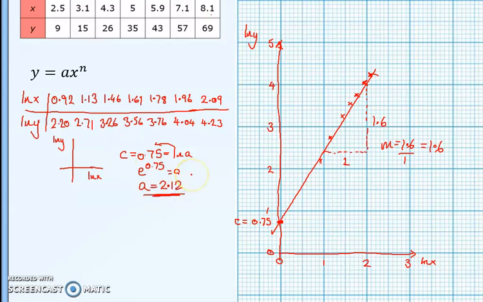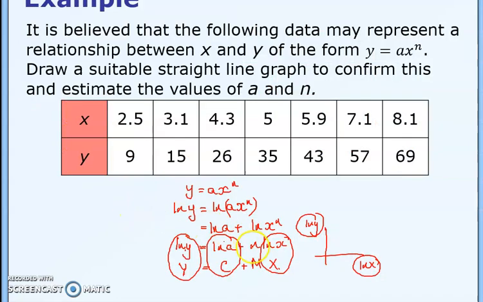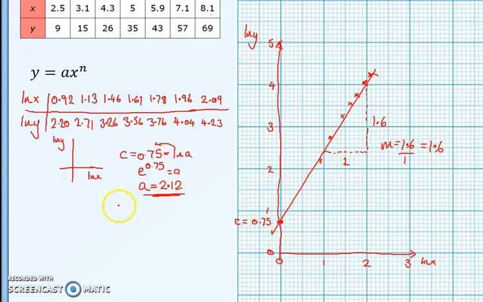By right, I mean accurate to how I did it last time when I did a proper piece of paper. And the other thing I said last time was that the n and the m are equal, so therefore the gradient is equal to n. What was my gradient? It was 1.6. So this then tells me my equation: y is equal to a, 2.12, times x to the power of 1.6.